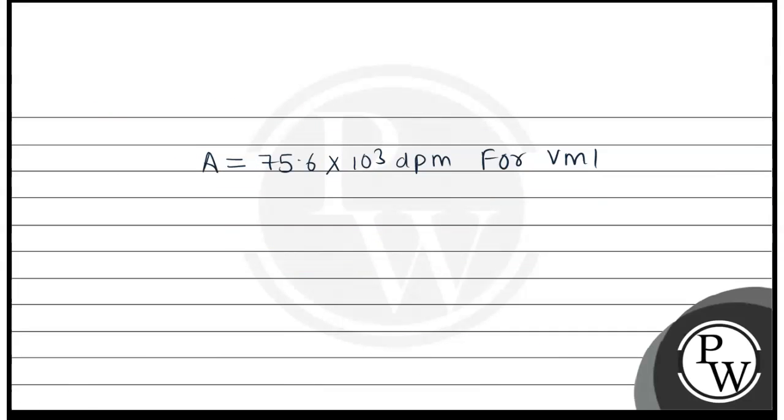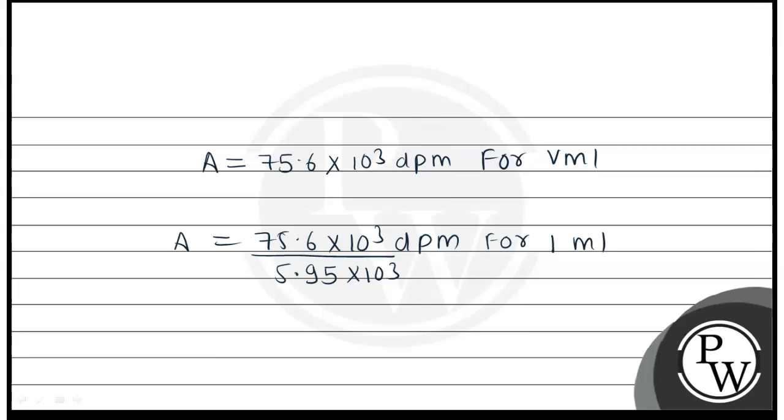Now for 1 ml, what we have to do? We have to divide it by V, where V is 5.95 × 10^3, and it is for 1 ml, not for V mL. After calculating we get 12.71 dpm per ml.